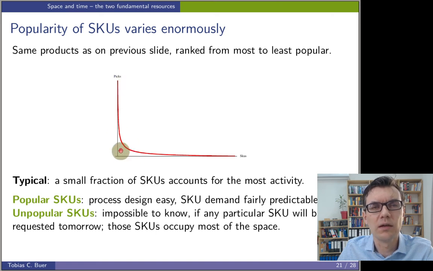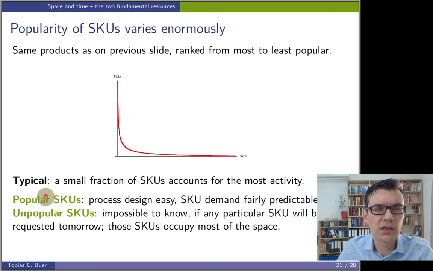This rule applies in this example as well. So a small number of SKUs are responsible for a high number of picks, and a high number of SKUs have almost no picks. Nevertheless, of course, we need to store these SKUs in case our customer requires them.